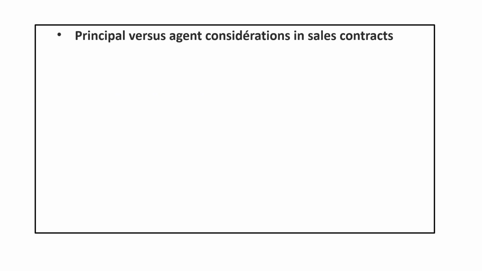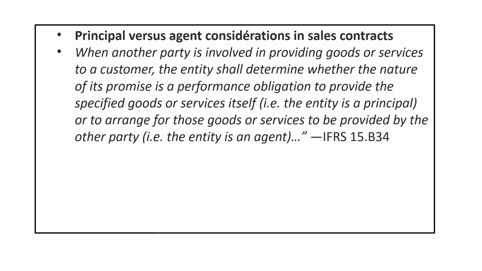We now look at principal versus agent considerations in sales contracts. When another party is involved in providing goods or services to a customer, the entity shall determine whether the nature of its promise is a performance obligation to provide the specified goods or services itself, i.e. the entity is a principal, or to arrange for those goods or services to be provided by the other party, i.e. the entity is an agent.